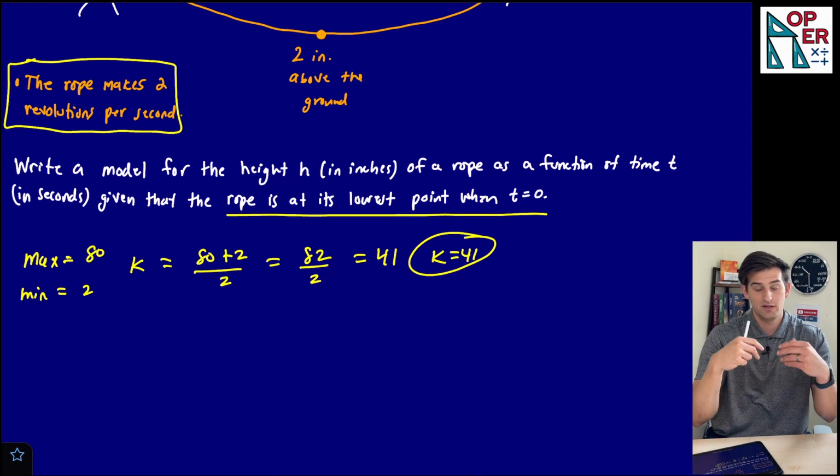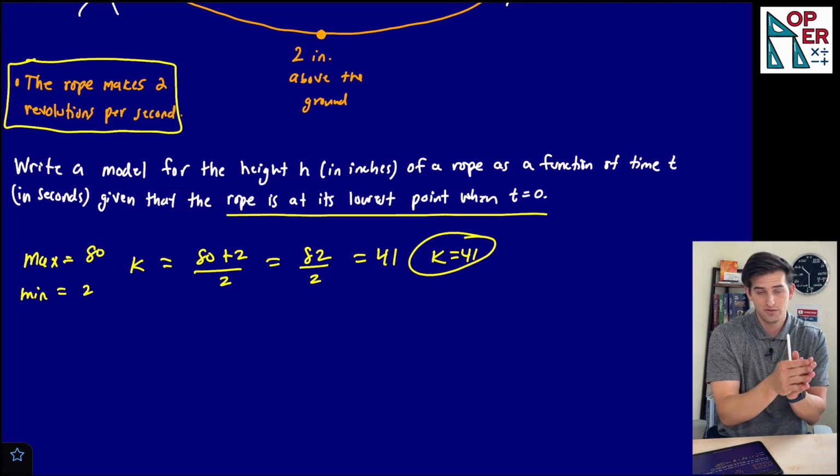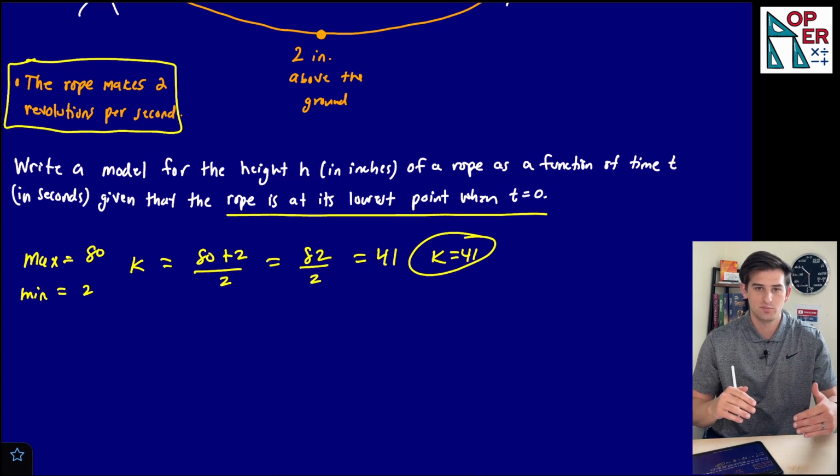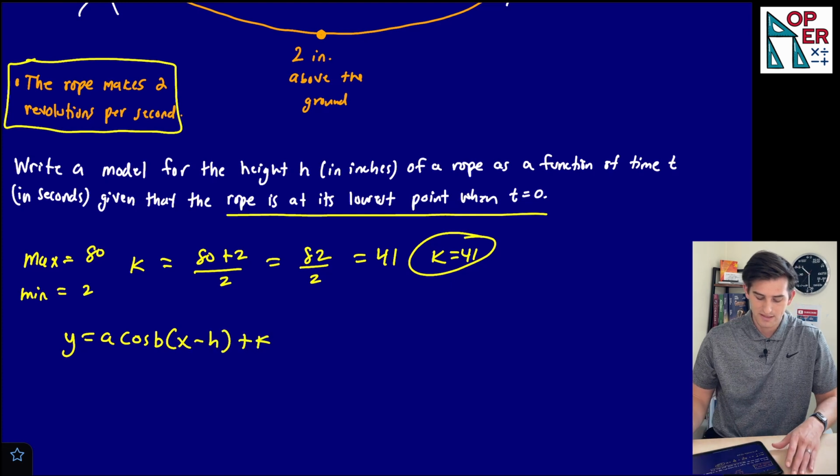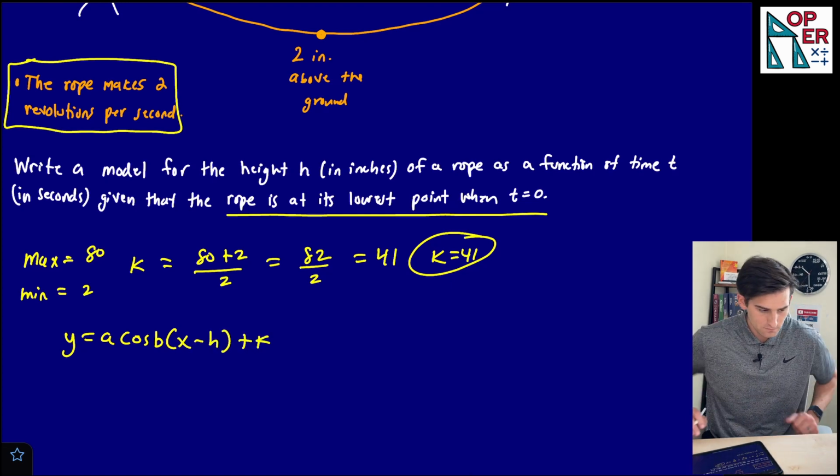And also for sine, we start at the origin, right? So for sine, when time is 0, then our rope would also be at 0. It wouldn't be at its lowest point. So we know it's going to be cosine, so we have y is equal to a cosine of b times x minus h, and then plus k. And we know that k is 41.